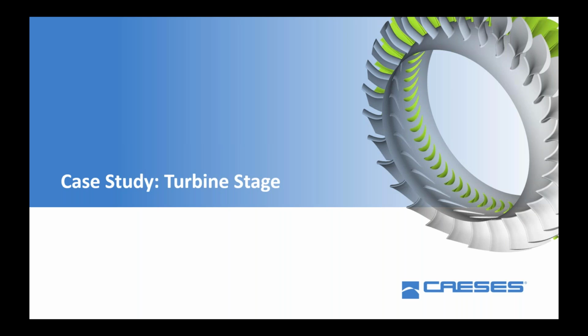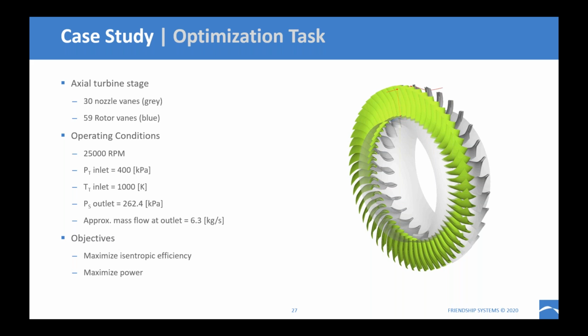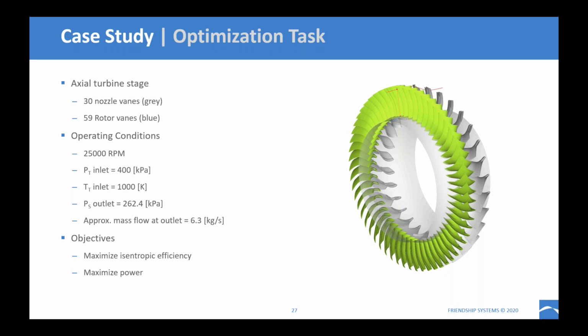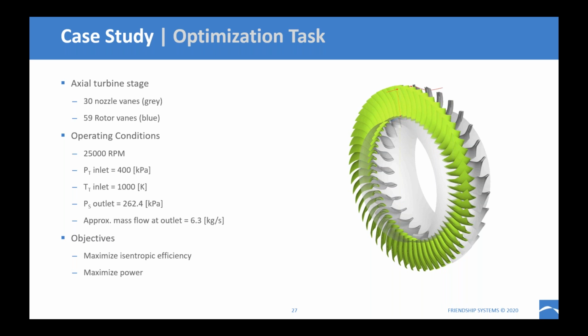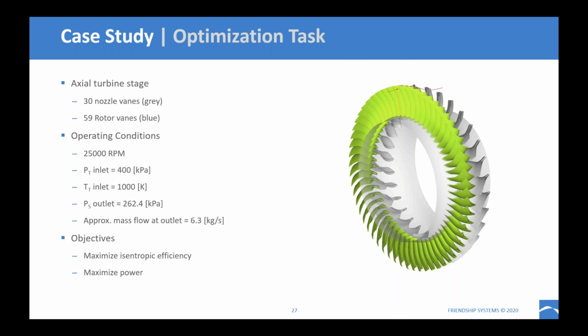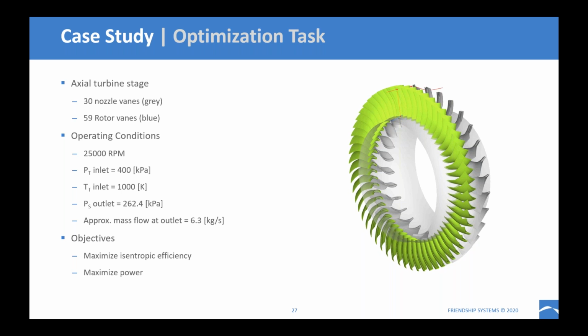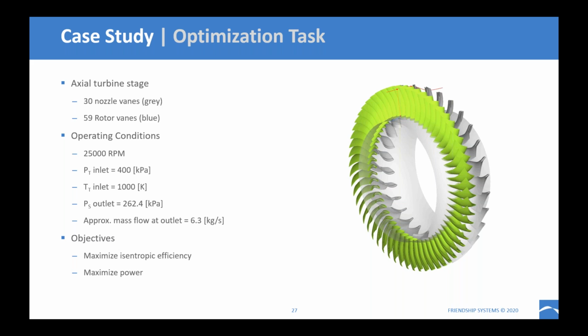So now I would like to show a small case study about a turbine stage. What we have here is an axial turbine stage with 30 stator vanes and 59 rotor blades.